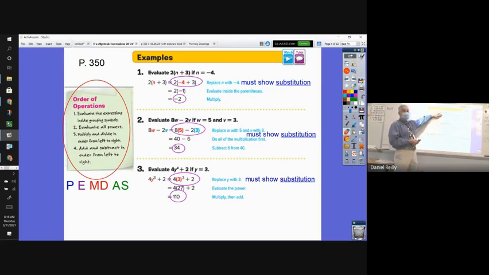So you start with an expression that has a variable in it, 2 parentheses n plus 3. And they're going to tell you what value to put in for the variable or variables in the problem. In this case, they want n to be -4. So the first step, which is a required step, you have to show this step in your work for every problem like this, is to substitute -4 in for the variable.